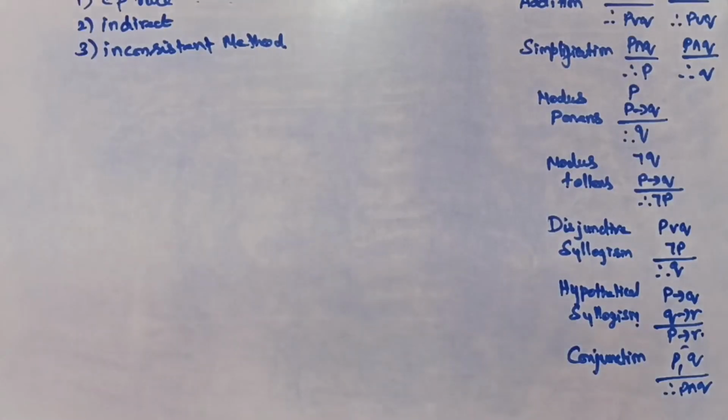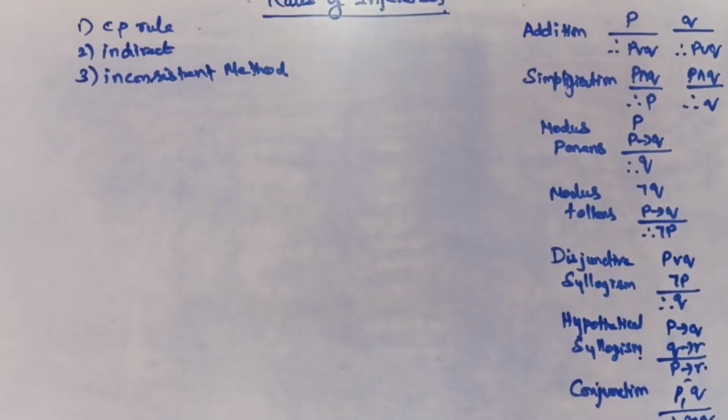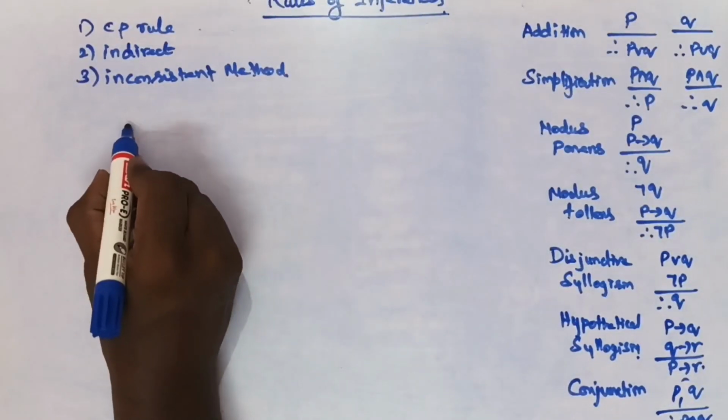Okay, so there are three different methods in rules of inference: the CP rule, the indirect method, and the inconsistent method.